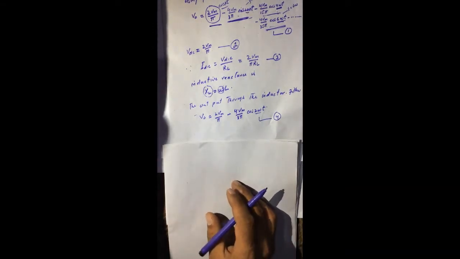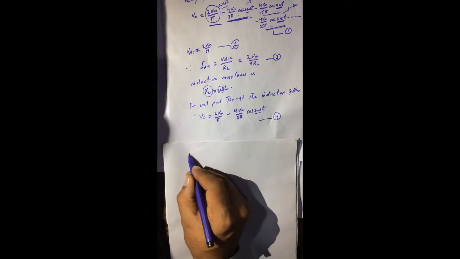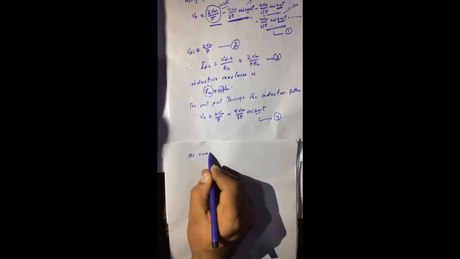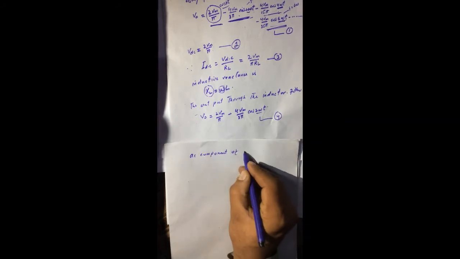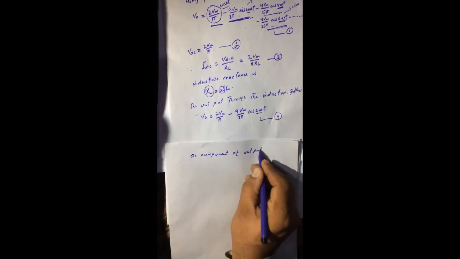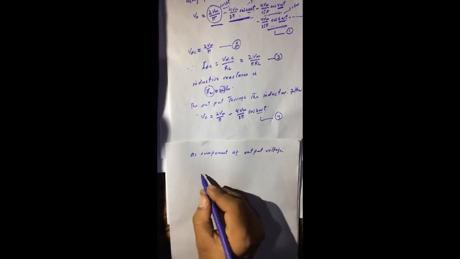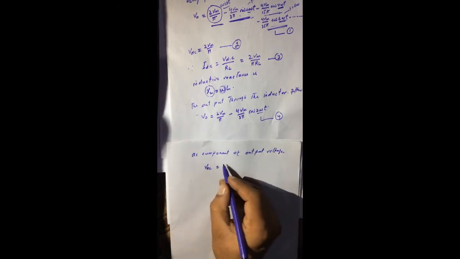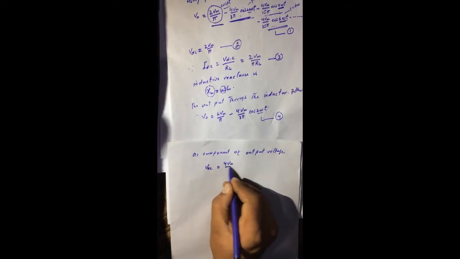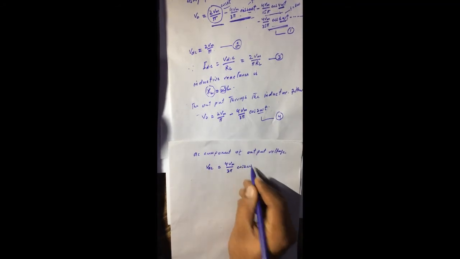Now, the AC component of the output voltage will be VAC, which is 4Vm over 3 pi into cos 2 omega t.